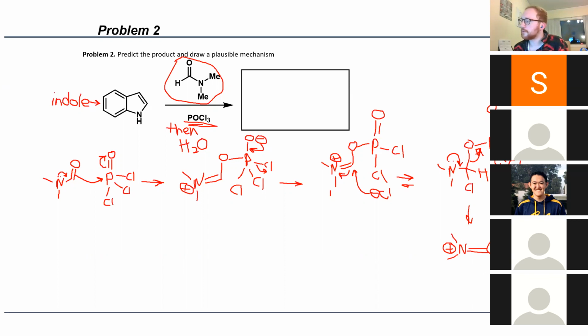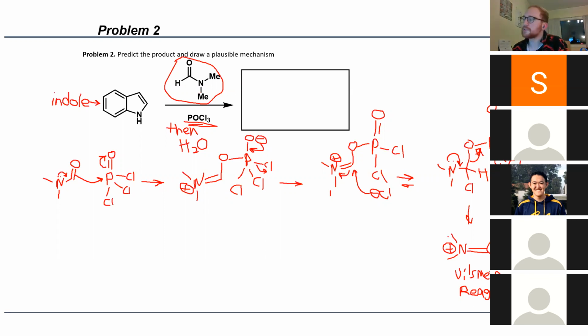Okay, so this activated electrophile here, it's called the Vilsmeier reagent. We'll recognize that this is quite a bit more electrophilic than the parent compound DMF.